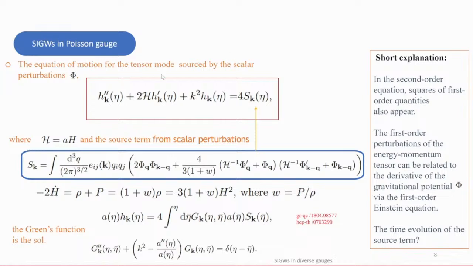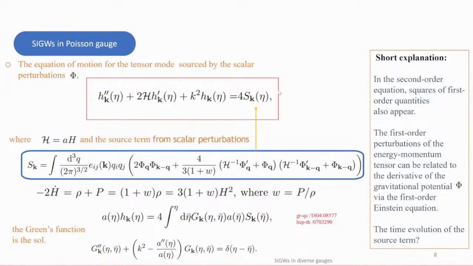You can see here, H is equal to aH, and the source term of the scalar perturbation is given below. So here are some basic formulas. Further, you can see where P is equal to the equation of state, and this is the scale factor. And here we use the Green function to find the solution of this equation of motion.